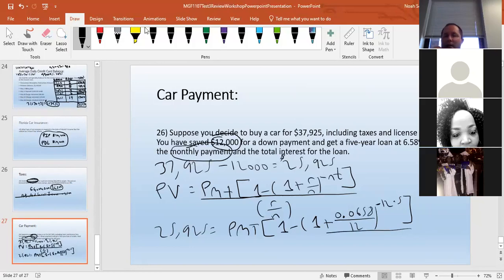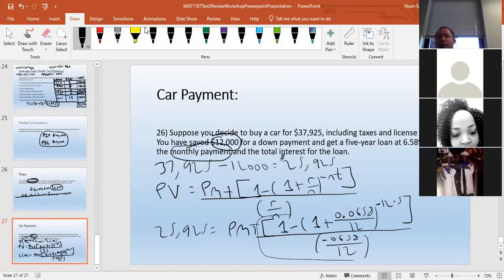Close the bracket over parentheses R, which is 0.0658 over N, which is 12. And then this is basically the setup. And then it's the same idea on the calculator as you would for the mortgage.